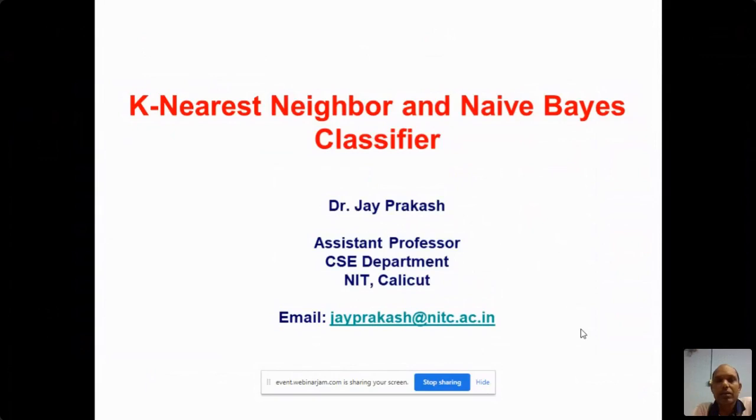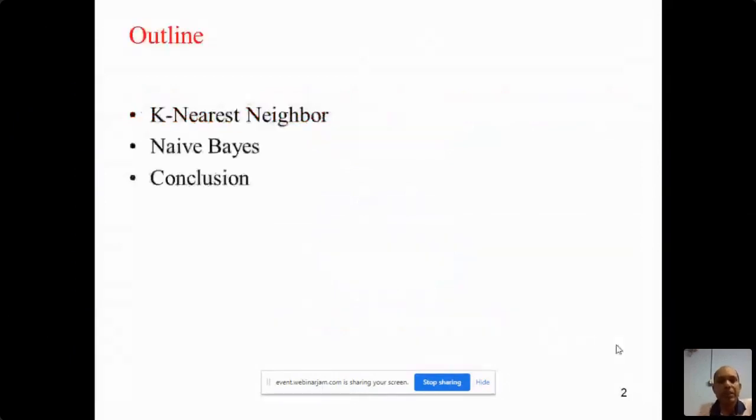Today we will discuss two more classifiers, which are k nearest neighbor and naive Bayes classifier. In this presentation, we will cover k nearest neighbor and naive Bayes. Then we will conclude the presentation.